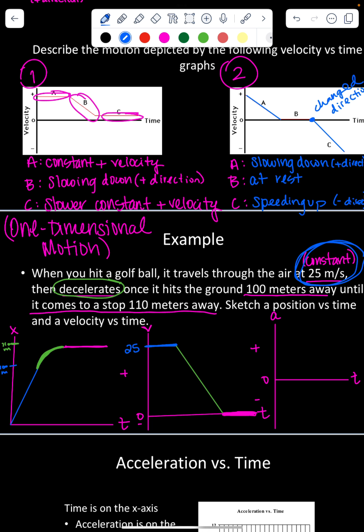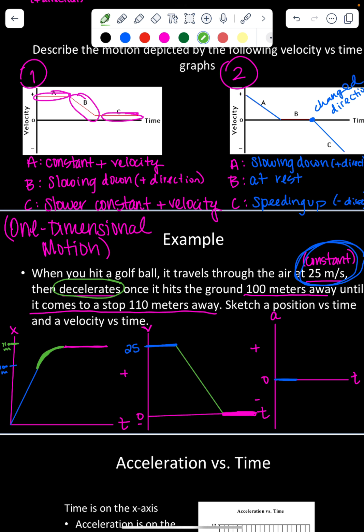All right, so that first one is a constant velocity. All right, hopefully you know by now that if you are going at a constant velocity, that means that you have no acceleration. If you don't know that by now, the slope of a horizontal line is 0. All right, so that's where we get that horizontal line on 0.